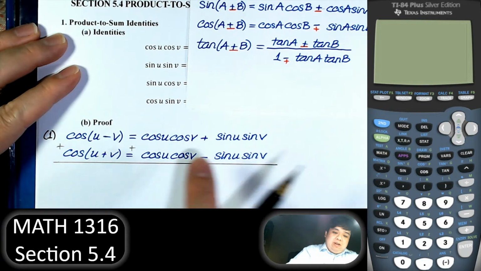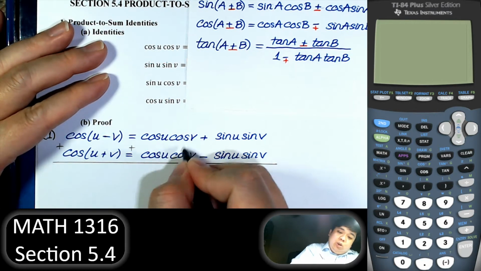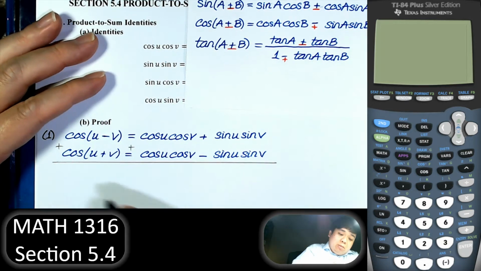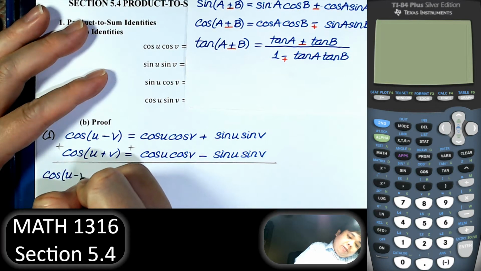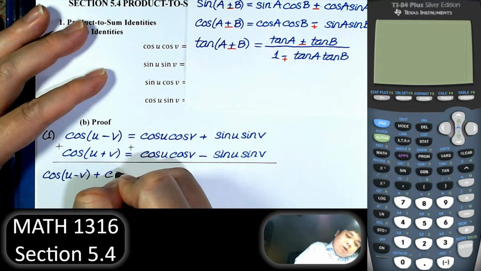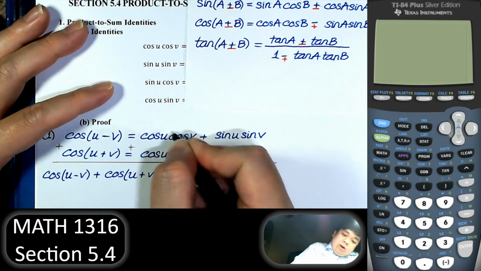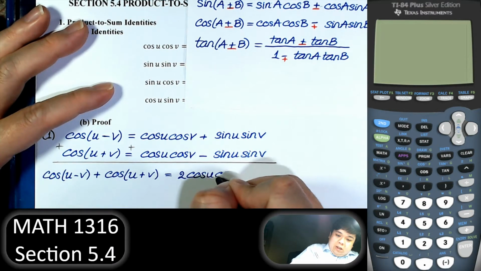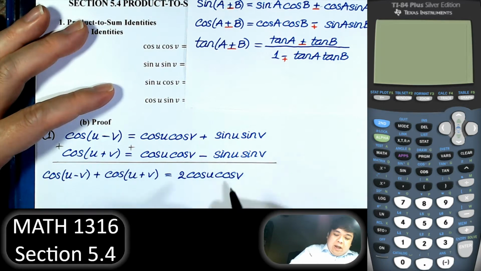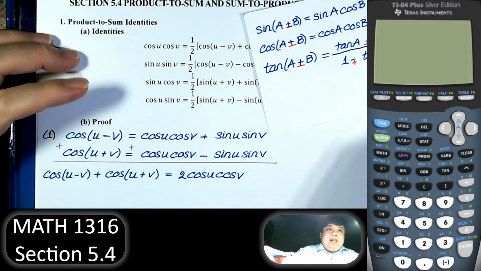So we just have 2 cosine of u, cosine of v on the right hand side, but on the left side we have cosine of u minus v plus cosine of u plus v. On the right hand side we have 2 cosine of u and cosine of v. Now if we want to go back to the product, divide everything by 2, and that's exactly what we have.